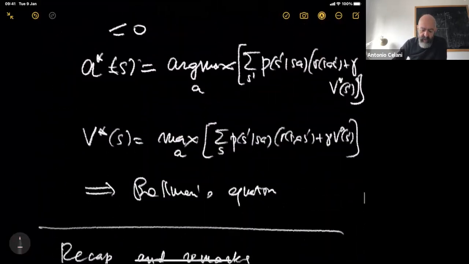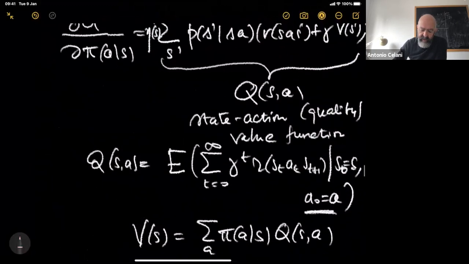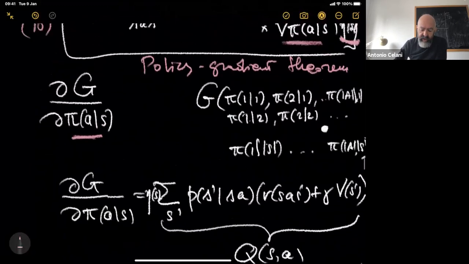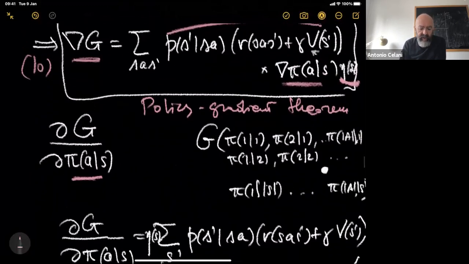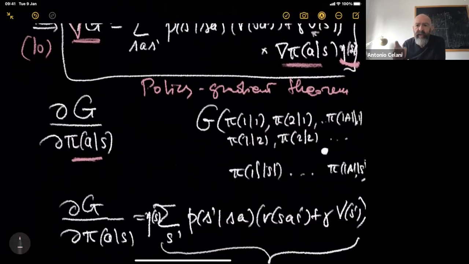So what I'm going to do here is turn this abstract derivative operation, this nabla here, into an explicit derivative with respect to one policy.